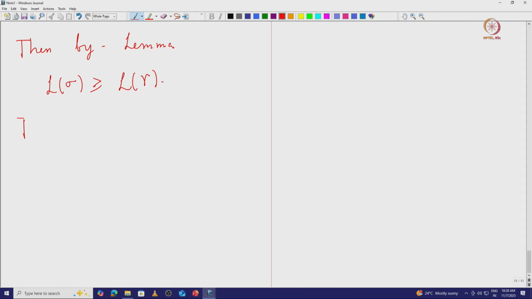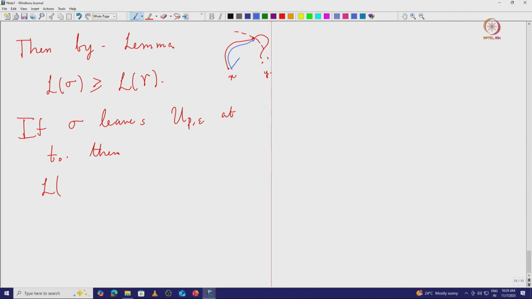On the other hand, if sigma leaves this set at some point t naught, then by the same lemma, the setting is that you have your x, you have this, at some point let us say your sigma leaves here and then maybe comes back to join up with y, but then if you look at the stretch of the curve from here to here, already the length will be larger than the length of the radial geodesic from x to the point wherever it leaves your geodesic sphere, okay.